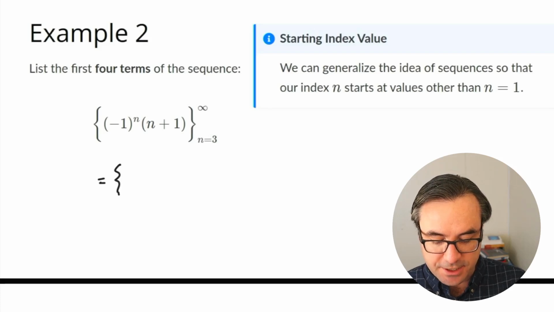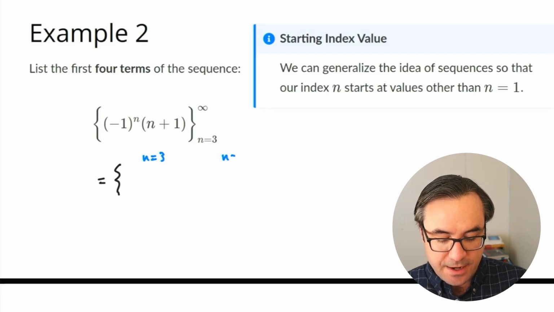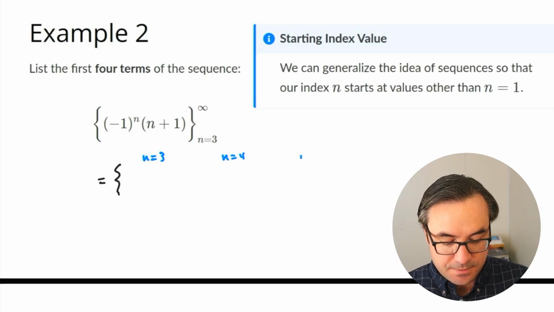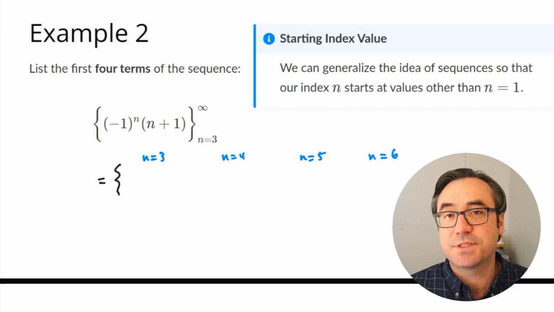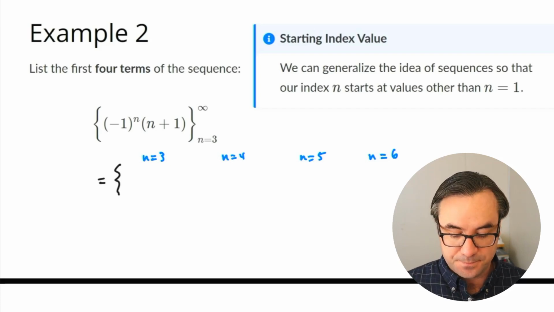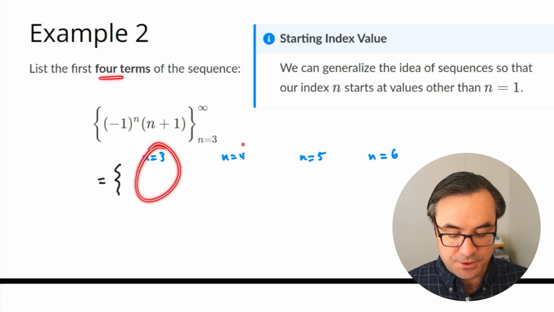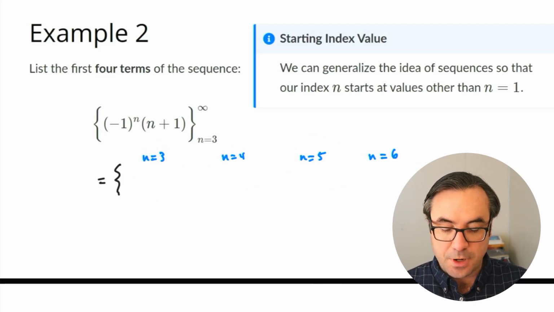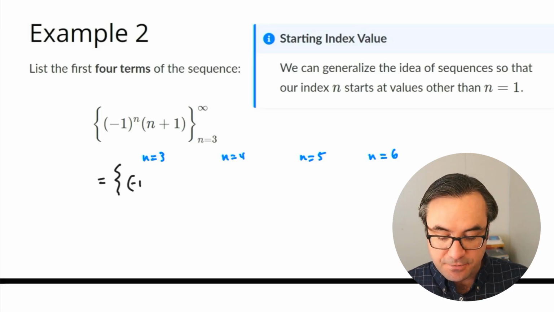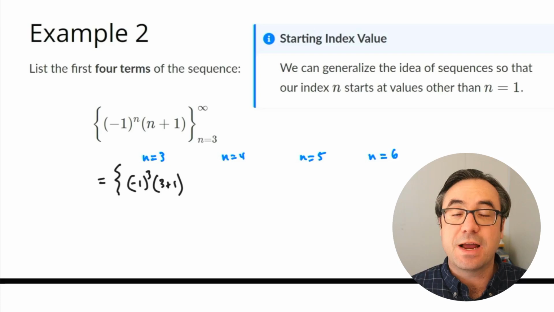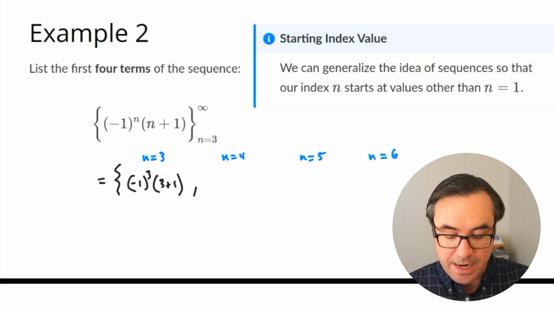Put our curly brackets here. And when we do this, we're going to start at n equals 3, then n equals 4, n equals 5 comes next. And then the fourth term here is going to be for n equals 6. So we're just writing out the first 4 terms. All right, so let's see what we get when we plug n equals 3 in. So we're going to get -1 cubed times 3 plus 1. So that's our n equals 3 term. Then we'll put a comma.